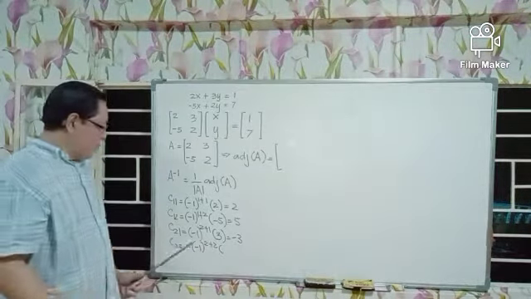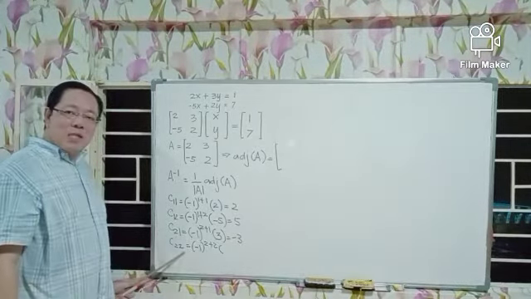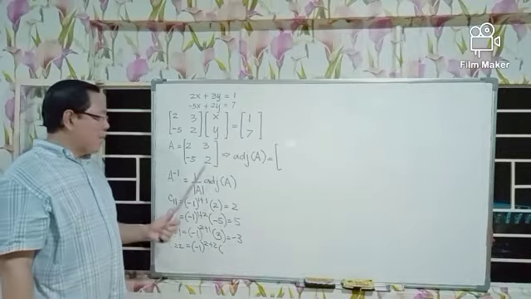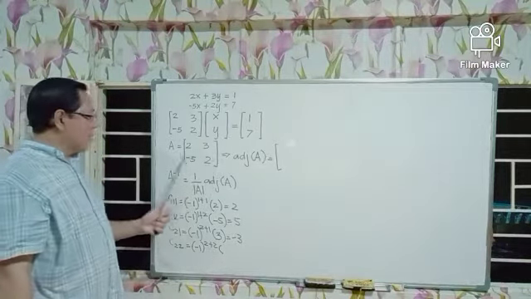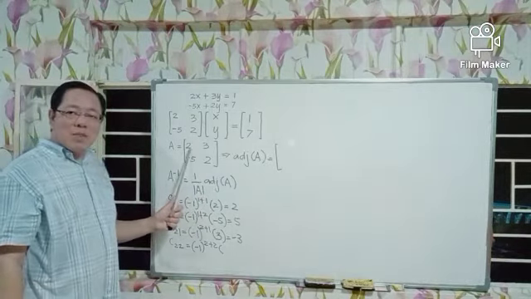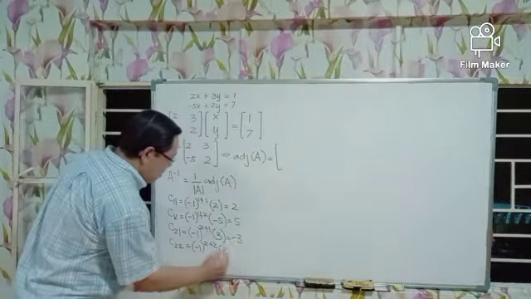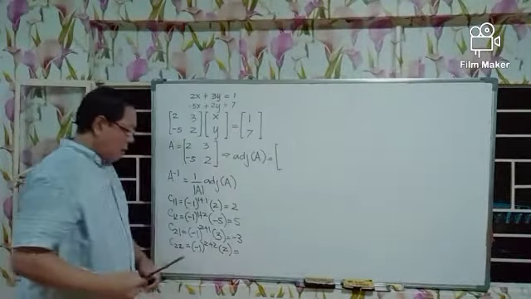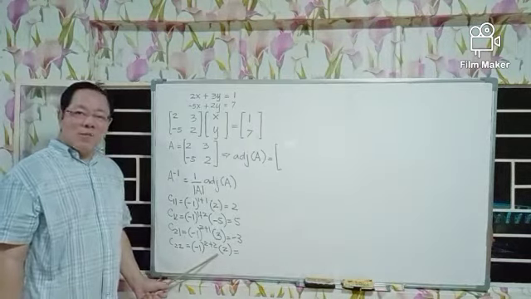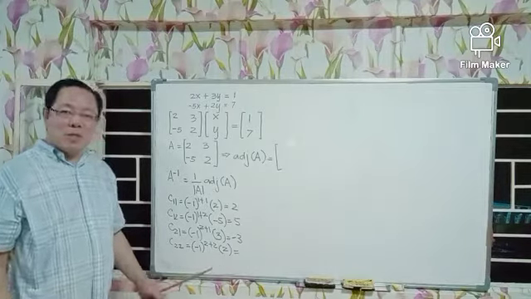C sub 22 is equal to negative 1 raised to 2 plus 2 multiplied by the determinant that remains after deleting the second row and the second column, and the element that remains is 2, its determinant is 2. We simplify: negative 1 raised to 2 plus 2 is negative 1 raised to 4. That's positive 1 multiplied by 2 is 2.